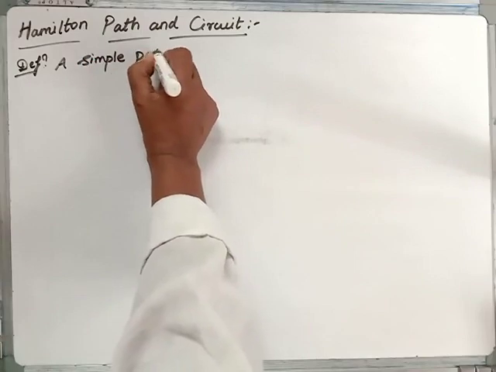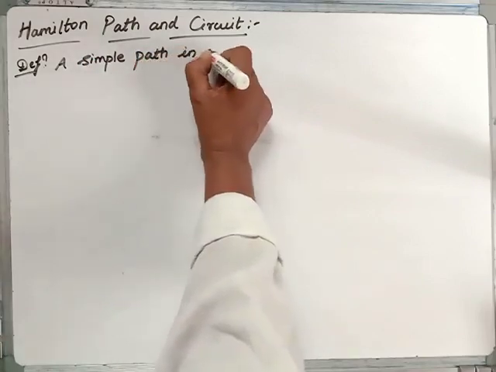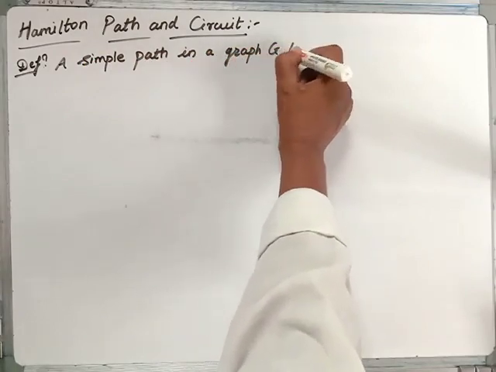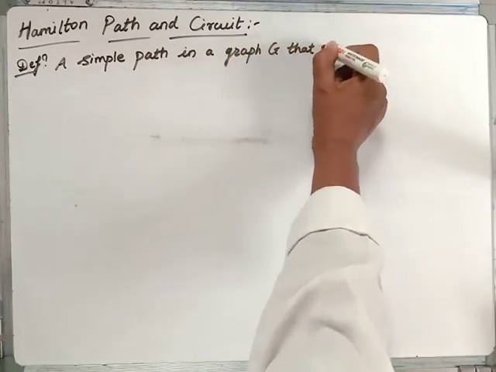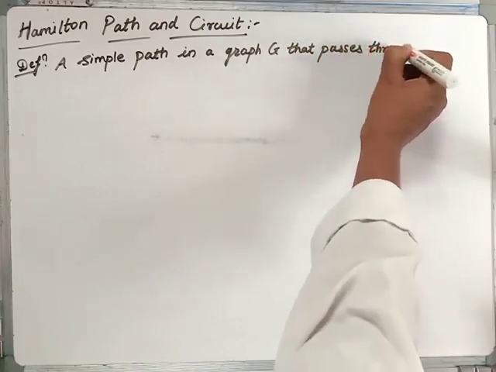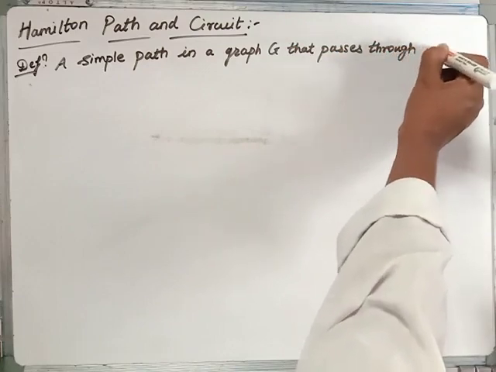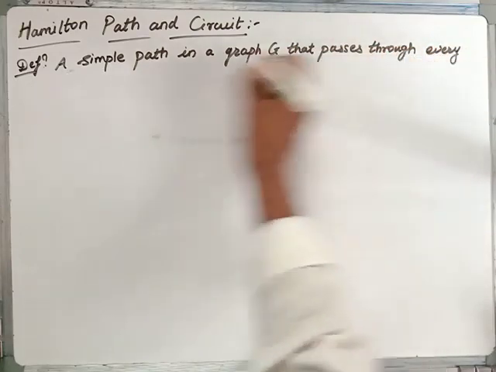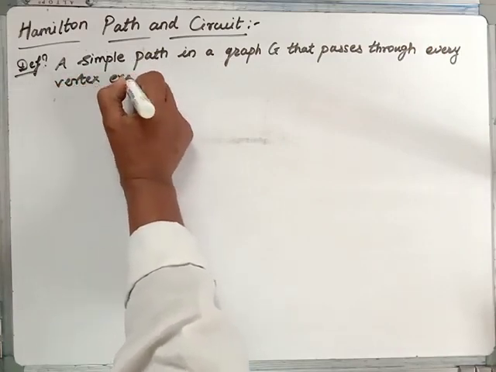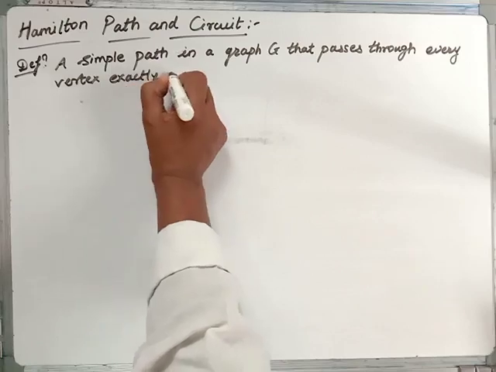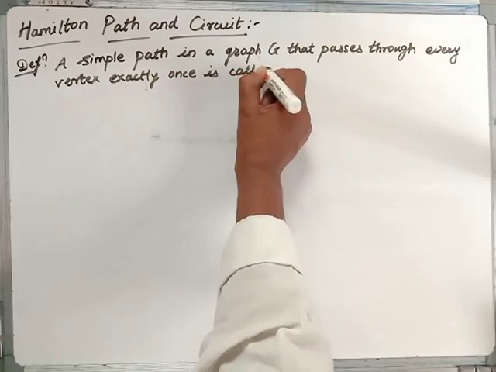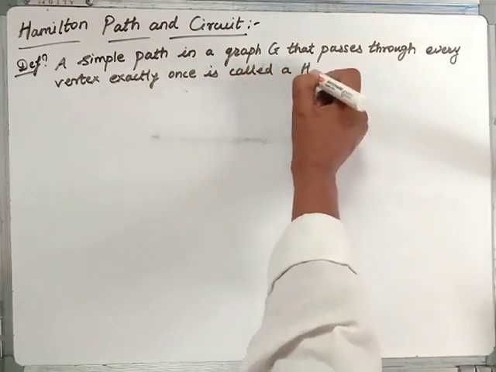A simple path in a graph G that passes through every vertex exactly once is called a Hamilton path.